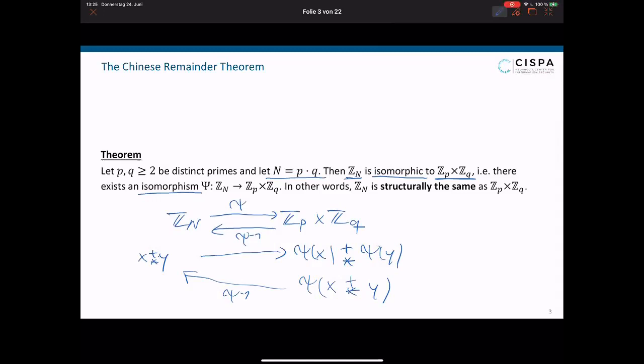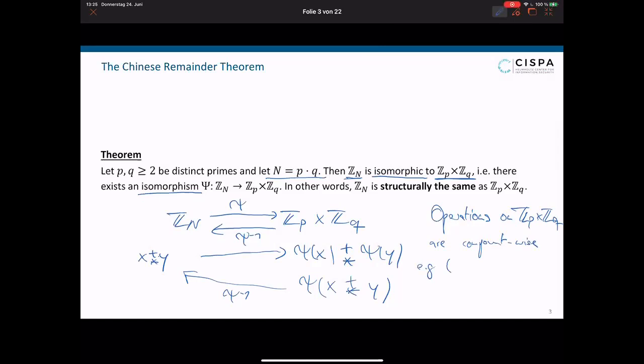So, but of course, the operations on Zp times Zq are component wise, right?